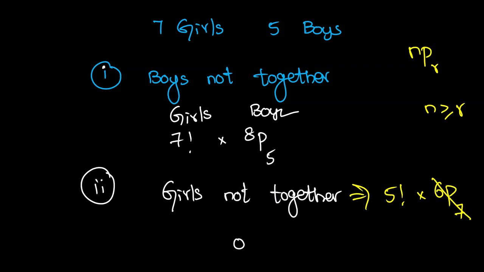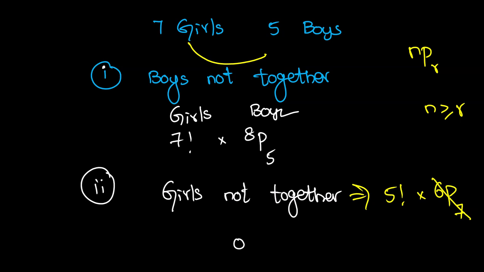That's why it's 0. Whenever there is a gap of 2 or more between the people, here who is highest? Girls. Girls not together is not possible. When the gap is greater than or equal to 2 and girls are more, no two girls together is not possible.